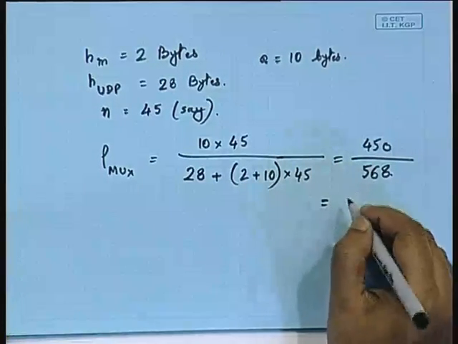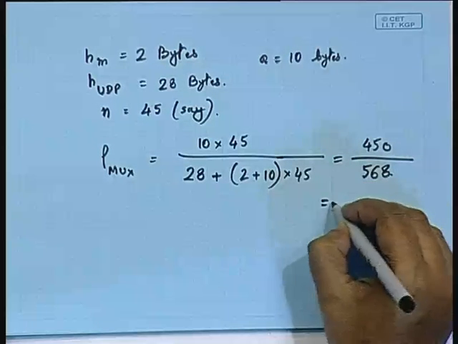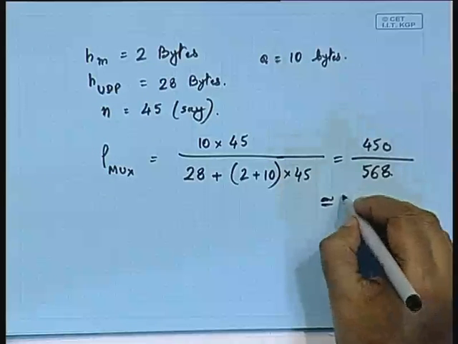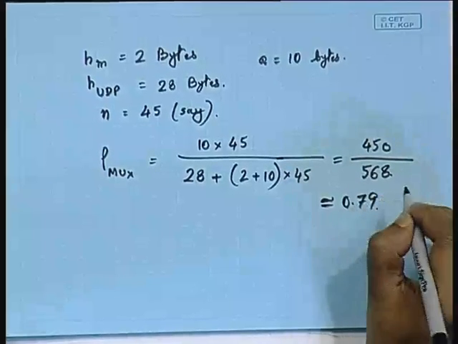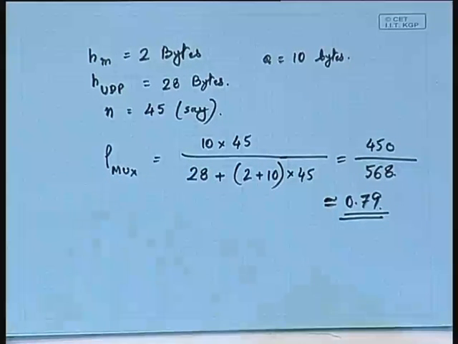That makes it roughly 0.79. So 0.79 is the bandwidth efficiency. What was only 0.2 in the unmultiplexed scheme goes up to 0.79, so nearly 80% of the bandwidth is efficiently utilized.